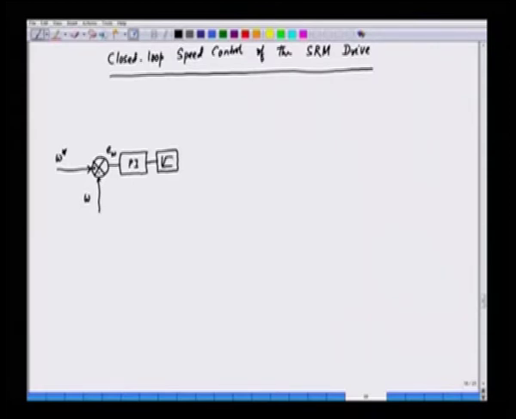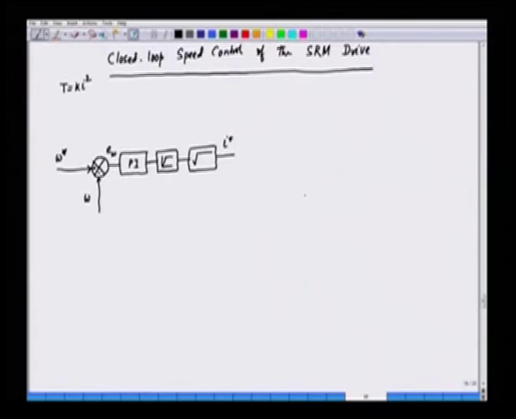So, this is the torque, and then we have a square root block in this case, because T is equal to K I square approximately. So, we can have a square root block here and we get the reference phase current I star.